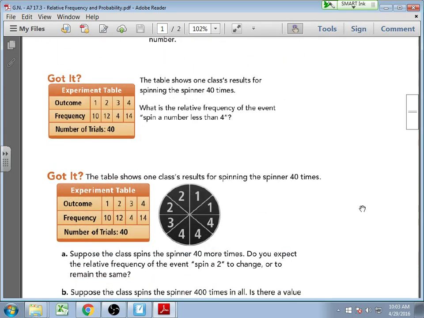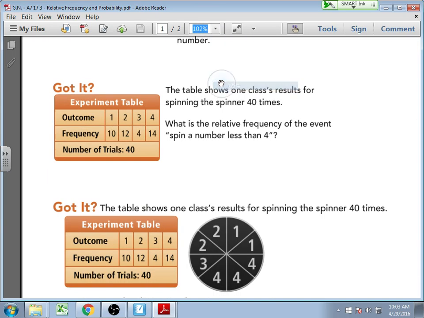We had 4 different outcomes now. Let's say we're on that same spinner. This is my outcome table from spinning 40 times. This is what the outcome was, and below it is how many times it occurred. Frequency is how many times it occurred. If I talk about the relative frequency, which I'm going to abbreviate RF, of getting a 1, how many times does it happen versus how many total trials we took?